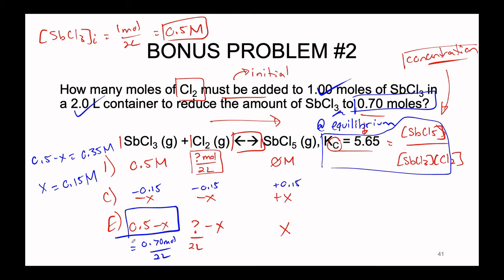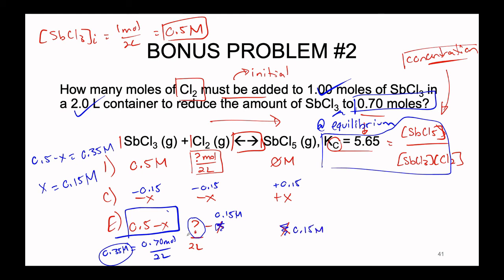And so the equilibrium concentration for the SbCl3 here is going to be equal to 0.35 molar. The unknown concentration for the chlorine, yes, we still don't know what this question mark is right here, but we do know that we are going to be losing 0.15 molar, and the equilibrium concentration of our SbCl5 is also going to be 0.15 molar.